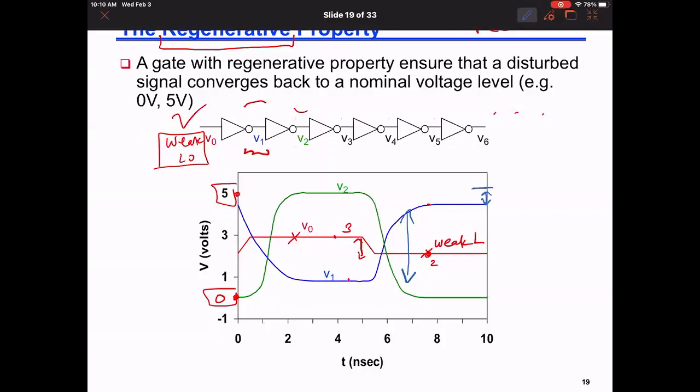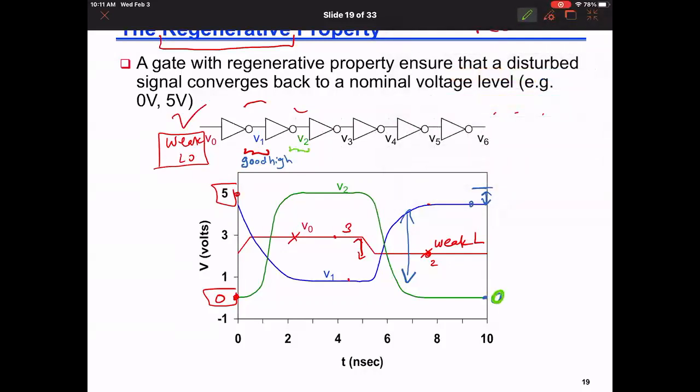Although this is a weak low, this has a good high now and a good swing, and now V2, in response to this good high, all of a sudden recovered back to 0. So we can see that V2 here recovered back to 0.